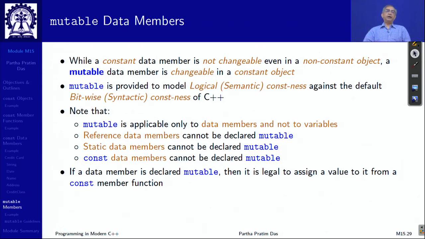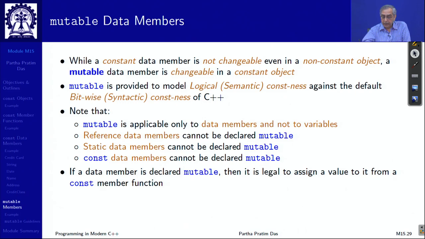A constant data member means that it cannot be changed even in a non-constant object. Right. So, either the whole object is constant or a data member is always constant, but if I want to change a particular data member even in a constant object, how do I do that?